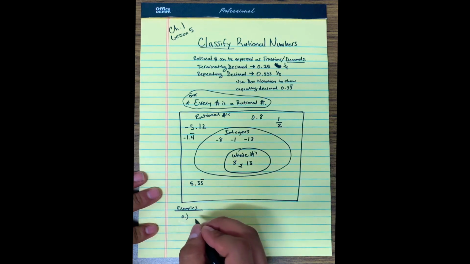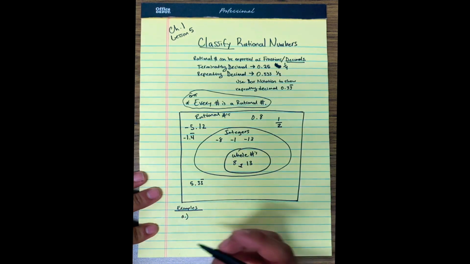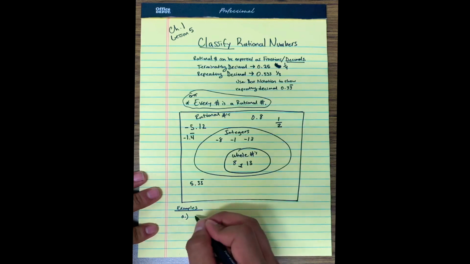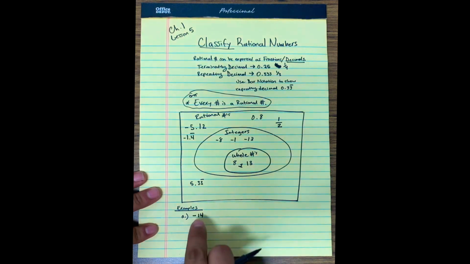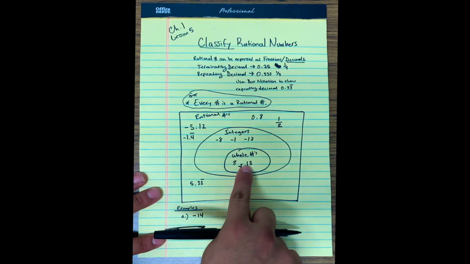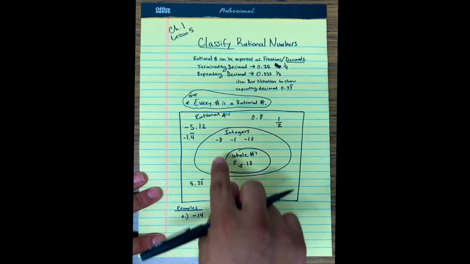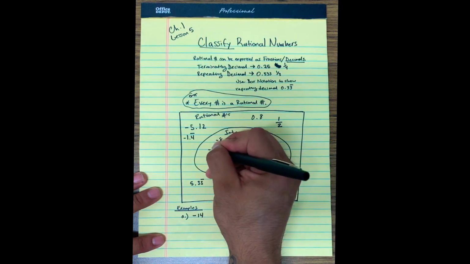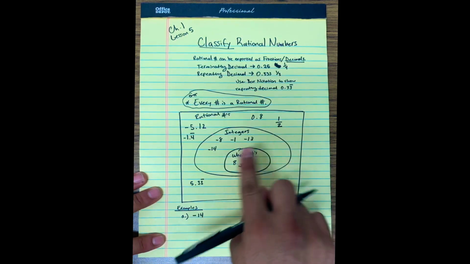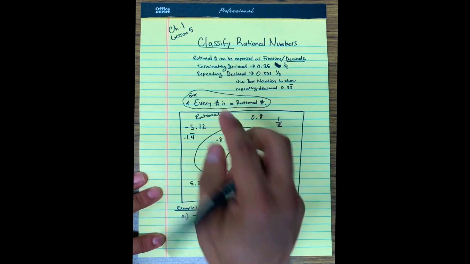Alright, let's do some examples. When I get to the examples part, guys, I need you to pause the video before I solve it. So here you have a -14. What I want you to do here is classify this number. So pause the video right now and try classifying this number as a whole number, an integer, or a rational number.